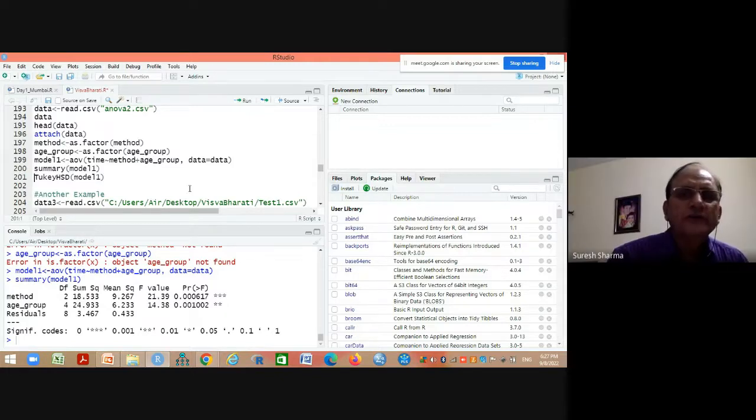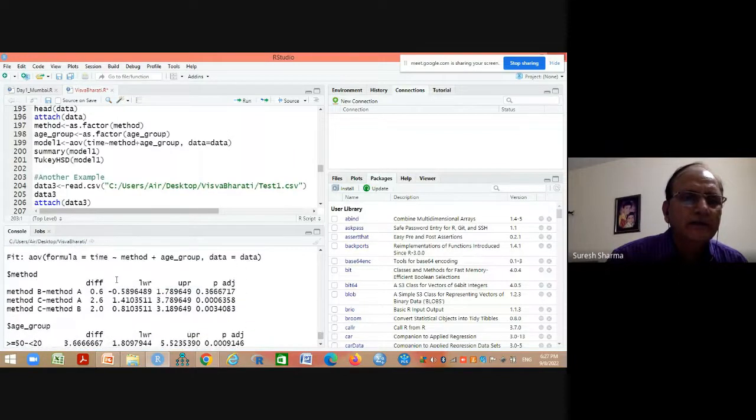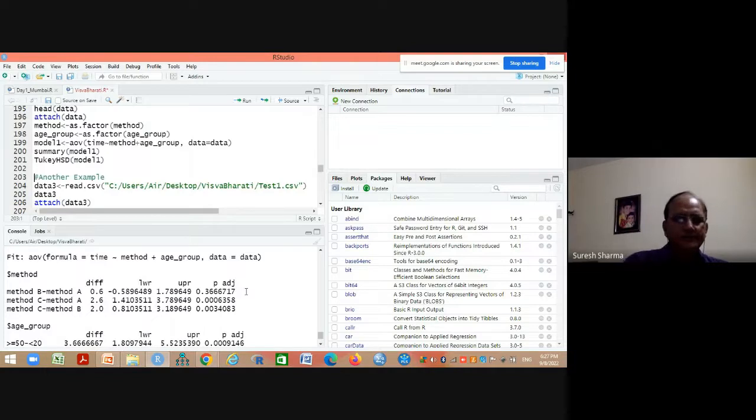Now go for the Tukey test. The Tukey test first compares methods: method A versus method B. What is the P value of method A and method B? It is 0.366. So significant or non-significant? Not significant.